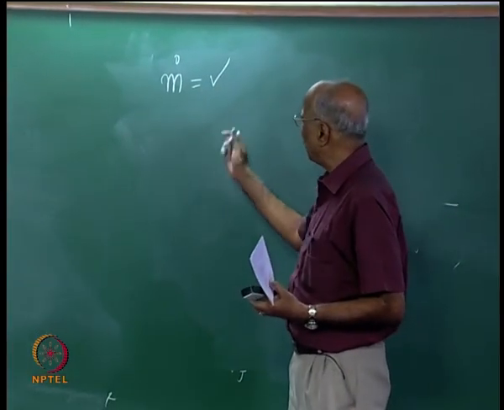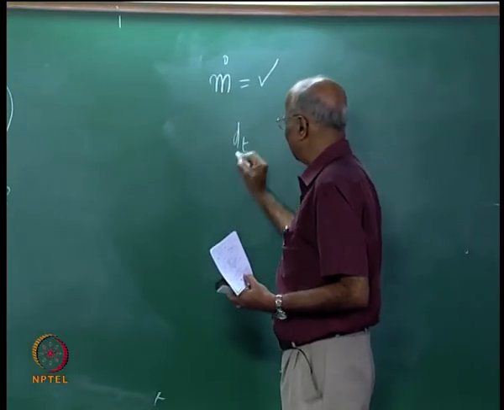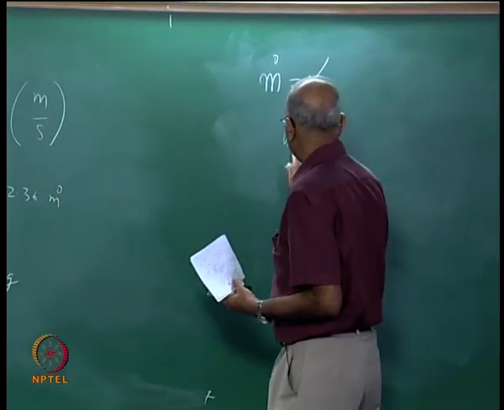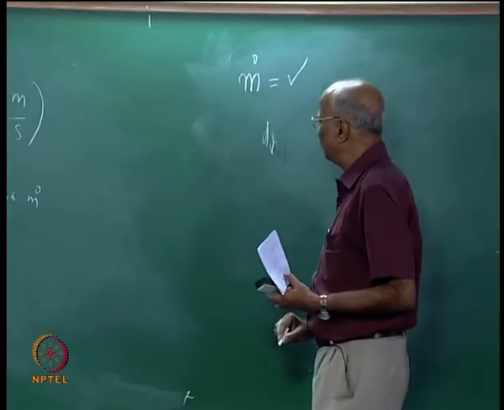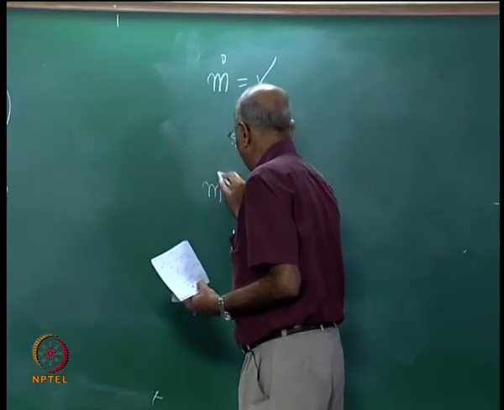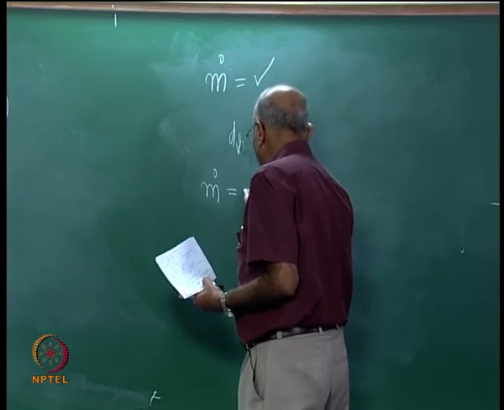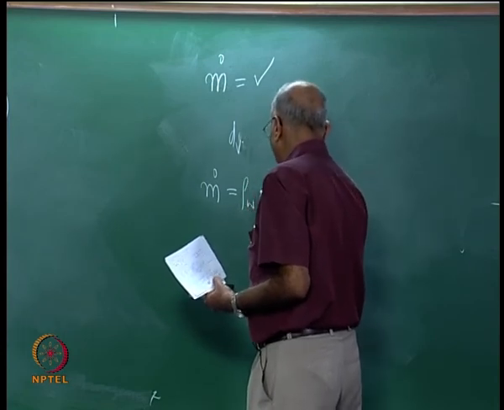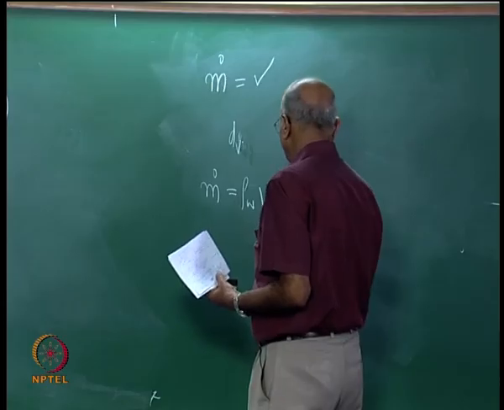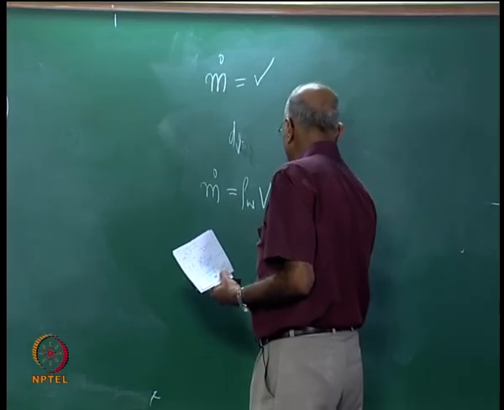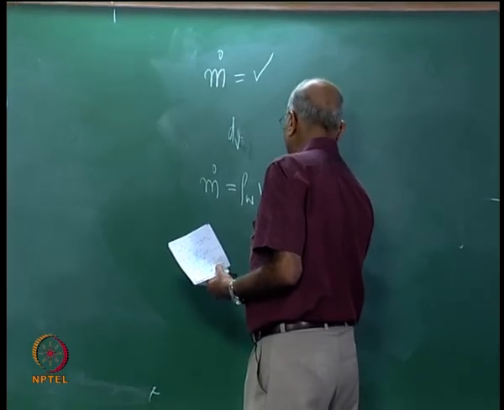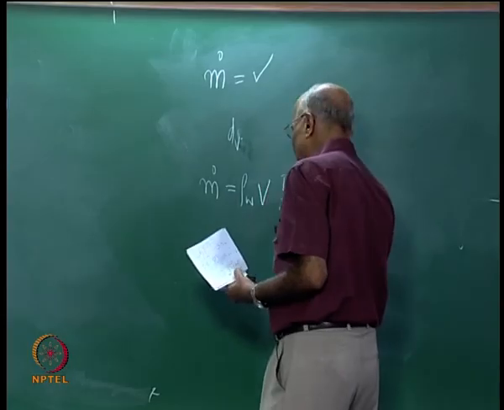And if I know m dot, how do I calculate the throat diameter or the diameter of the vent, as it were, the diameter of the hole? M dot is equal to the density of water into the velocity of water into the area, area is equal to pi by 4 into d square.